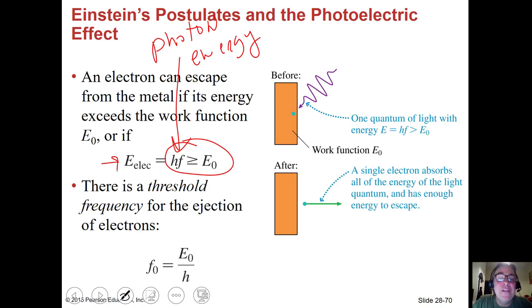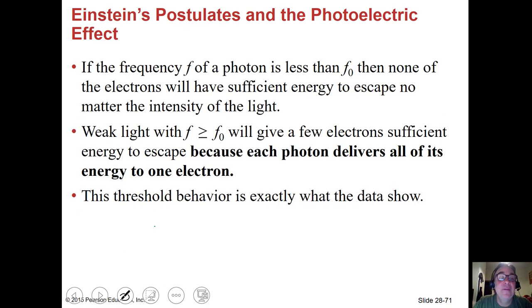So the energy that the photon donates to the electron has to be greater than or equal to the work function of the metal. E sub 0 is the work function. If you want to get the cutoff frequency, take the work function divided by Planck's constant. And if there's anything left over, it turns into kinetic energy.